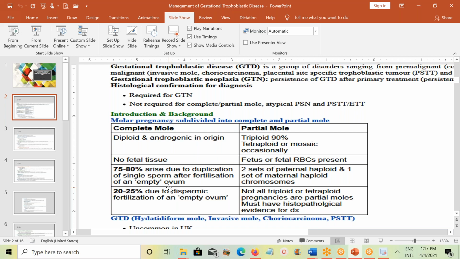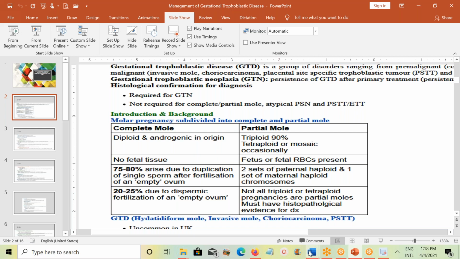And if you remember, the whole sperm is not entering the zona pellucida. Only the pronucleus, which contains the genetic material, enters. So it should not be dividing. But here what happened is that it entered and divided into two.